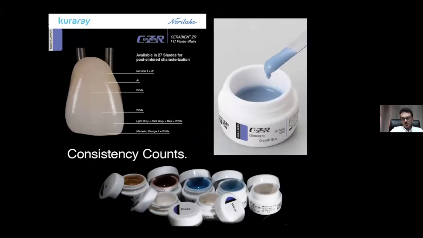The third system that I use is the CZR from Noritake Kuraray. This kit is beautiful and very easy to use on zirconia restorations. But in the end, for myself, I prefer lithium disilicate restorations.